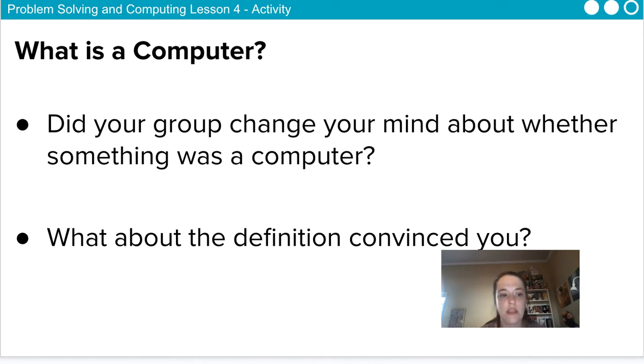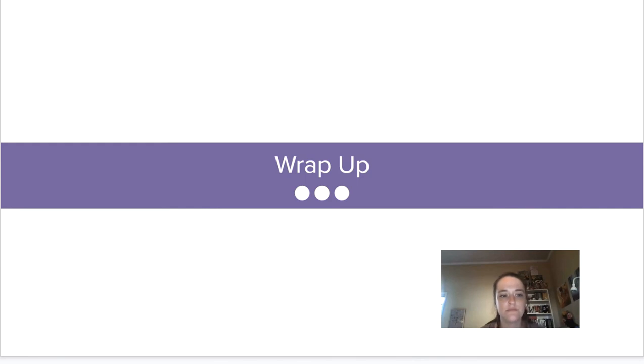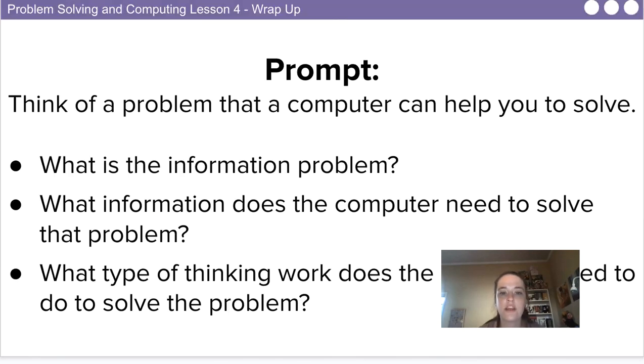All right, and then in your journal, this is our wrap up for this lesson. Think of a problem that a computer can help you solve. What is the information problem? What information does the computer need to solve the problem?